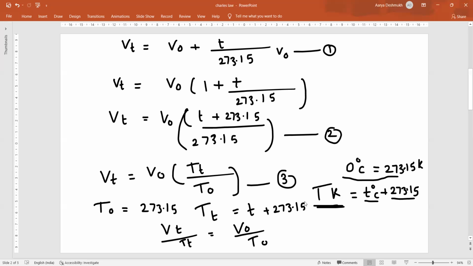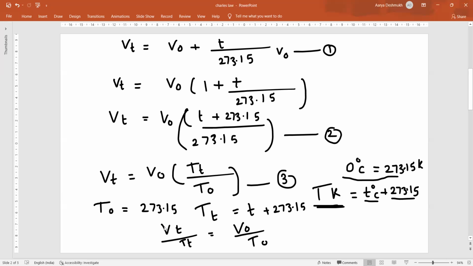Means this equation number 3, you can rearrange this way. You can write this T0 here, this T0 you can write here. So you are left with V0 divided by T0. So this is the equation you are getting here.